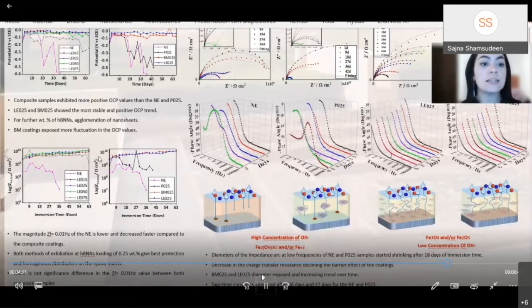In contrast, the high concentration of electrolyte in the control samples promotes localized corrosion due to the heterogeneity of the barrier due to the defects and the agglomeration of the filler. The mechanism can be observed on the left side of the screen.